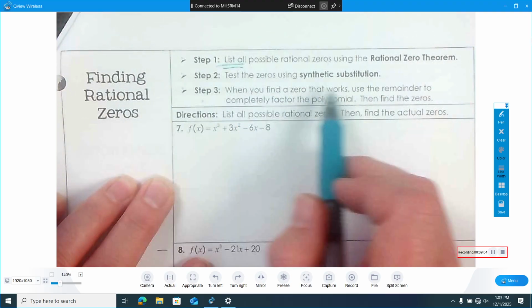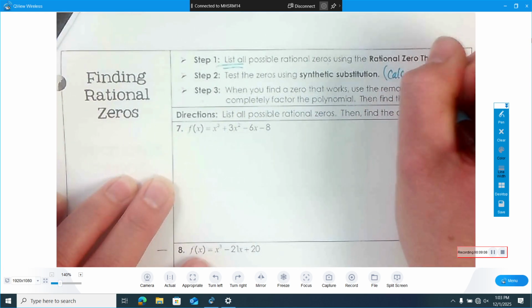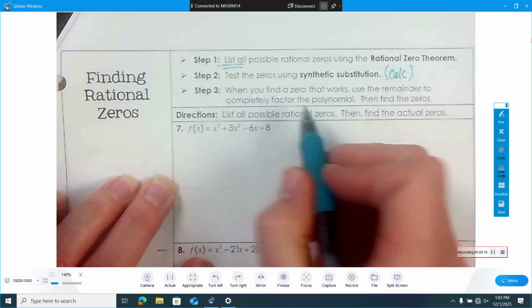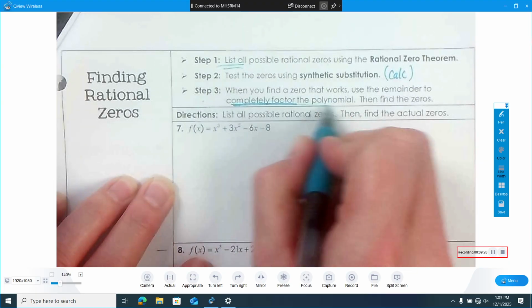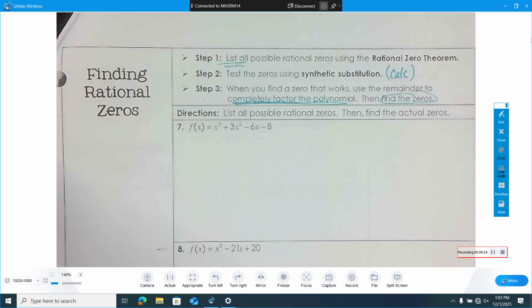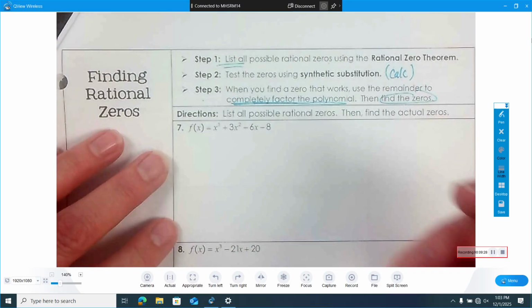But then we're going to test using synthetic division and our calculators because they're going to help us out here because I'm not totally lame. Okay, and then when you find a zero that works, we are going to factor the polynomial completely and find the zeros. So we are going to use our calculators to help, but we can still list all these things.